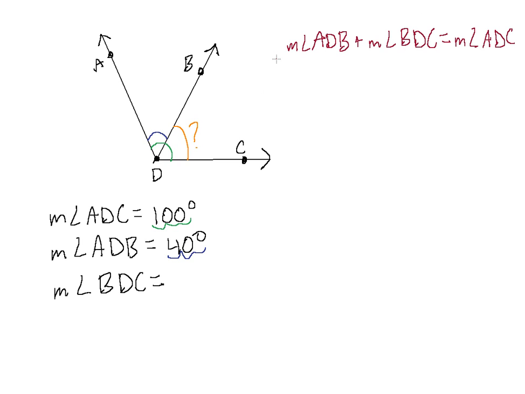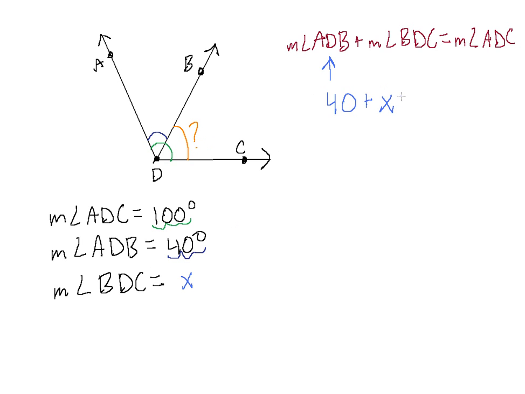All right, very similar to the segment addition postulate. This is called the angle addition postulate. So all we simply do is use this information and plug it in here to find what we're looking for. So ADB is 40 degrees. So we have 40 plus BDC, which is actually what we're looking for, so let's go ahead and call this x.